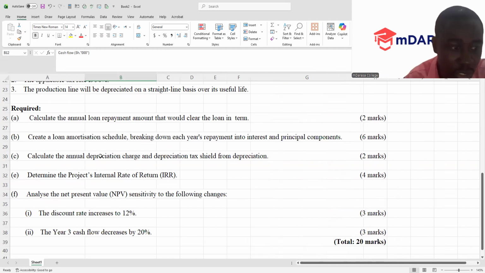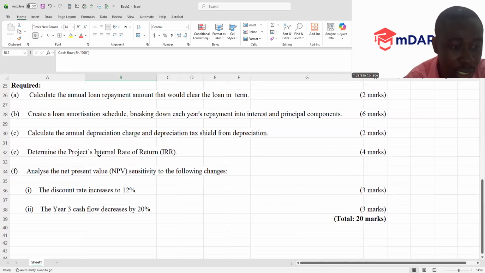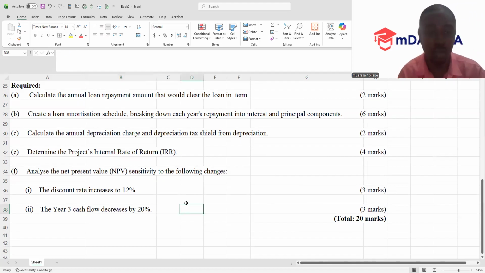Four, determine the project's internal rate of return. Five, analyze the net present value sensitivity to the following changes: the discount rate increasing to 12%, and the year 3 cash flows decreasing by 20%.